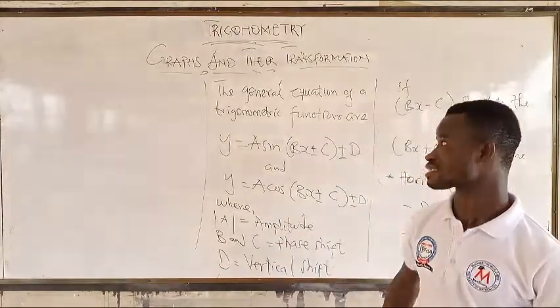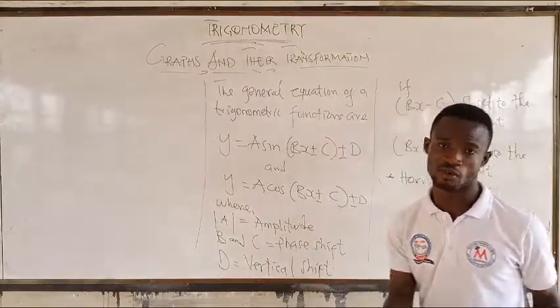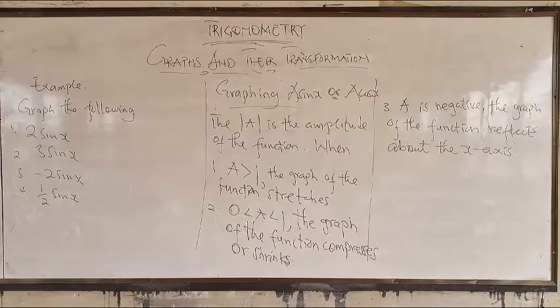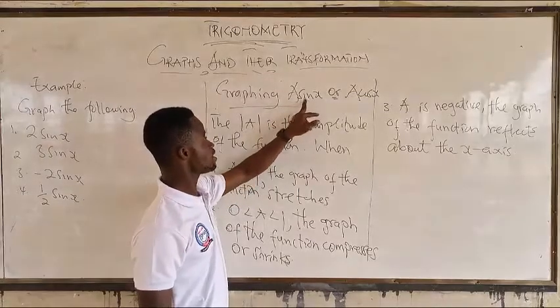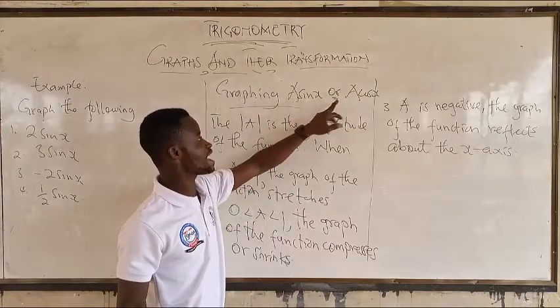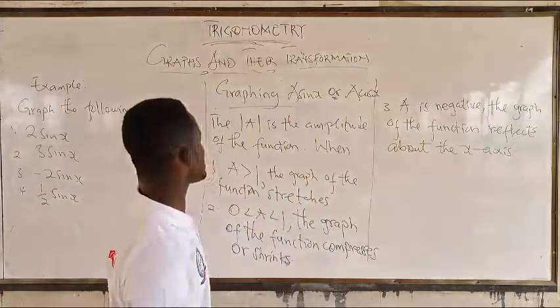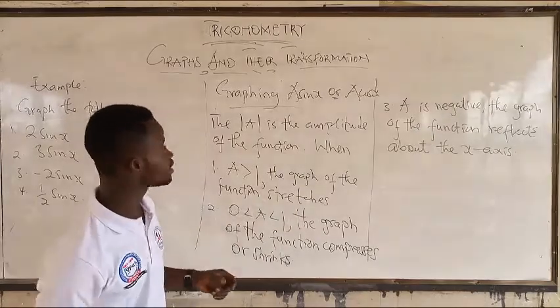Now let's look at the graph of a function in a certain form. Alright, let's look at graphing a function in the form a sin x or a cos x. But let's first of all look at a sin x.